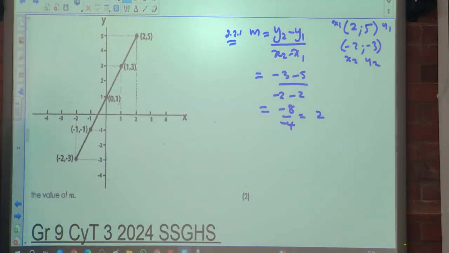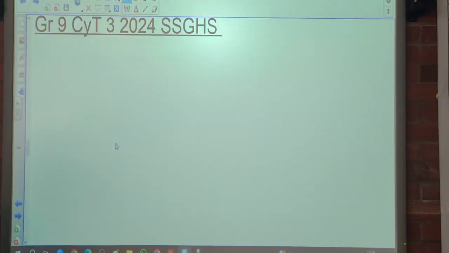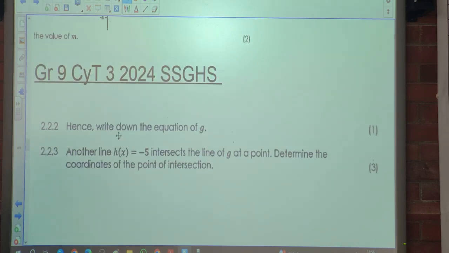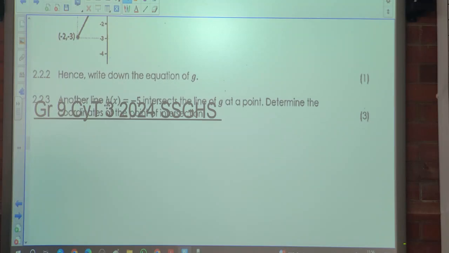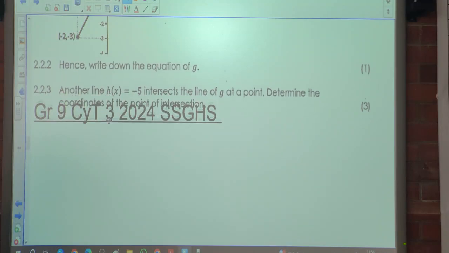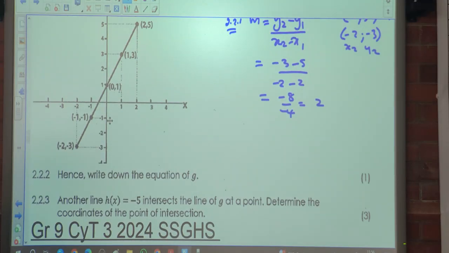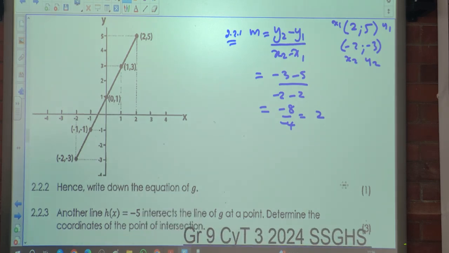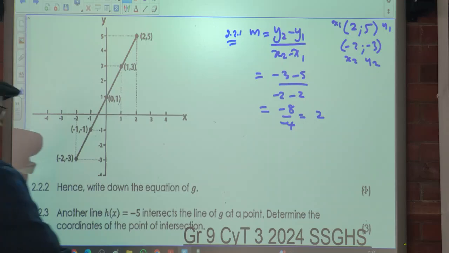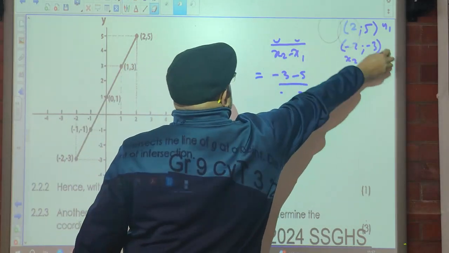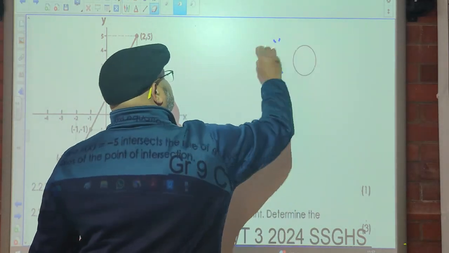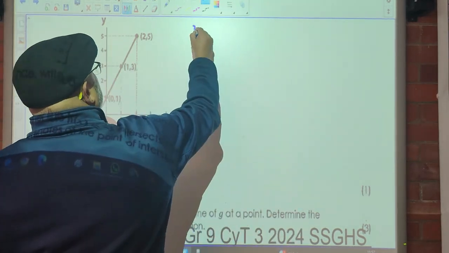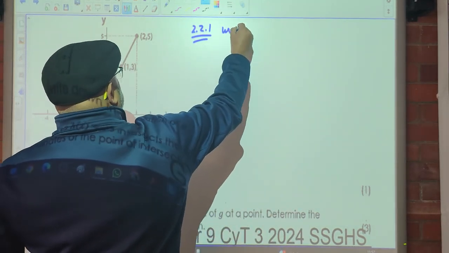Let's go to the next question. You're told hence. What does hence mean? I must use what you've calculated now. Just remember, I'm going to leave the gradient there to be 2. The gradient was 2.